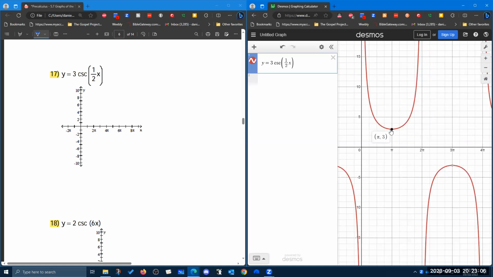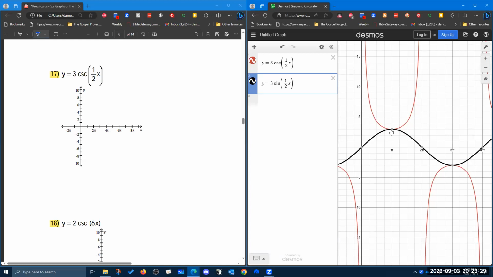So now the graph stays between negative 3 and 3 because it's now related to y equals 3 sine of 1/2 x. So it's the reciprocal of that function.